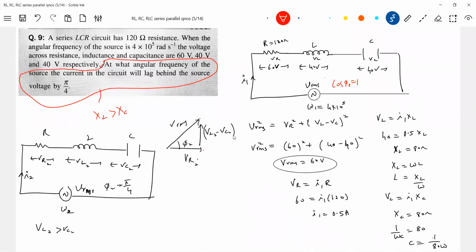Is it justified? And current I2 will be in the direction of VR2, so just extend this arrow. This I2, you write it. Current in fact lags the applied voltage. And then impedance triangle, you draw it: Z2, XL2, XC2. The resistance is the same, and this angle we know.